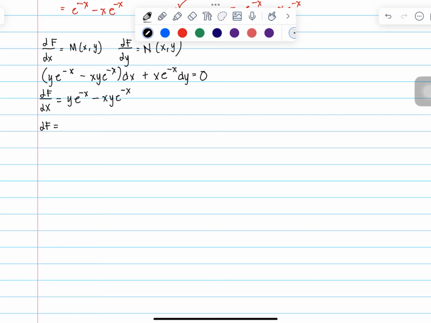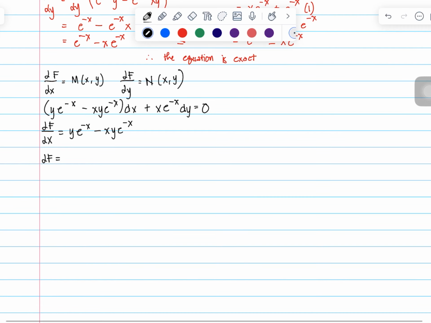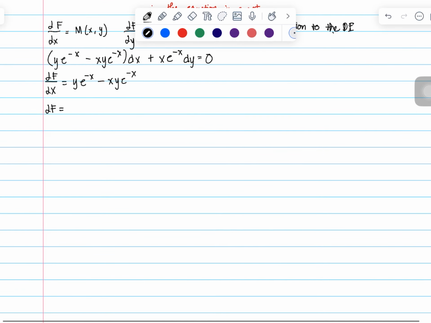Basically, f is the solution to the DE, right? So we have y e to the negative x minus x y e to the negative x.